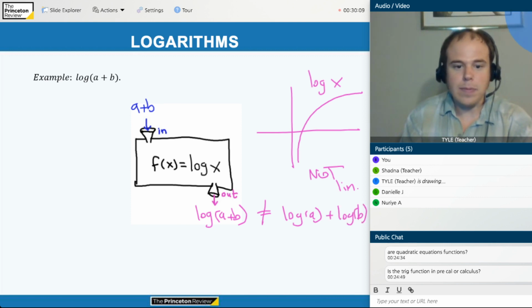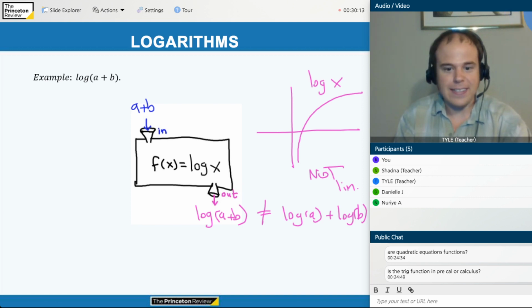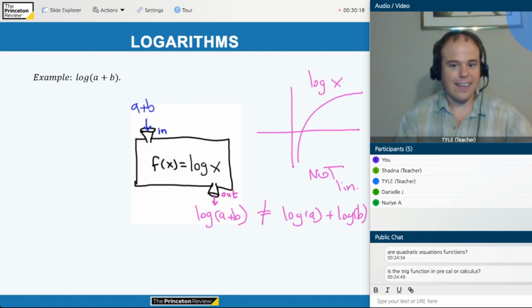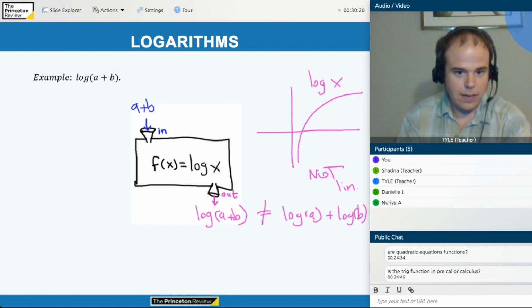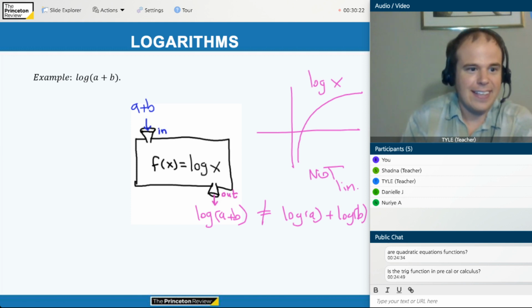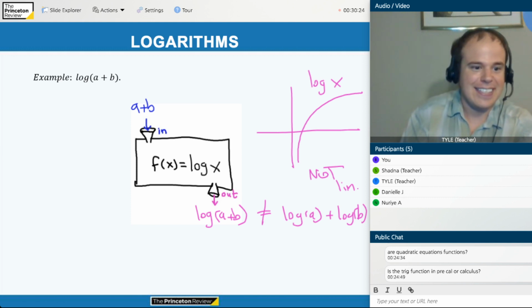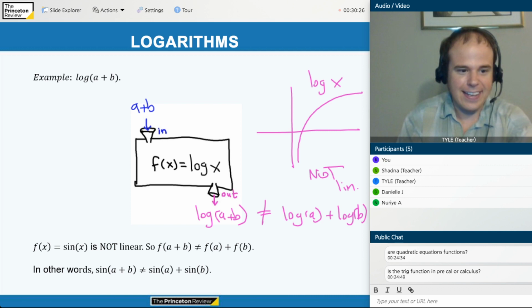This is a pretty common mistake that students make, thinking log of a plus b is log of a plus log of b. So we're tying all of these different mistakes together if you can understand this concept of, is the function linear? Log is not linear, so you cannot do this, because its graph is curved.